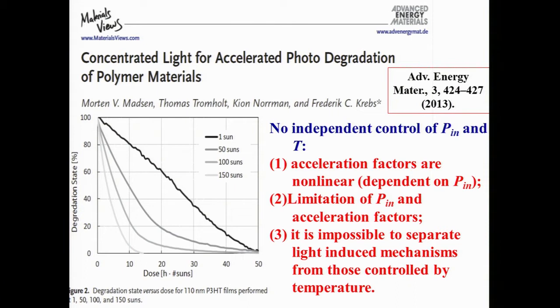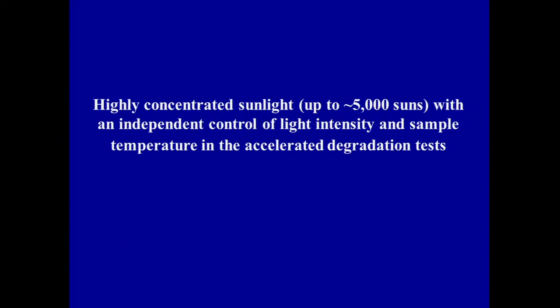This is a very big problem in any kind of concentrated sunlight: if you put in a lot of light intensity, we couldn't even measure temperature correctly because there is a huge gradient. So the aim of our study was to develop a new method, to go up to 5,000 suns.